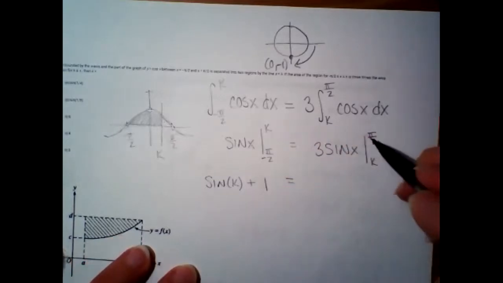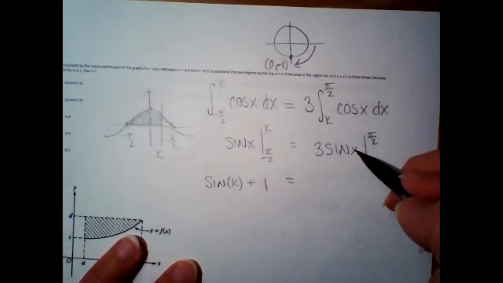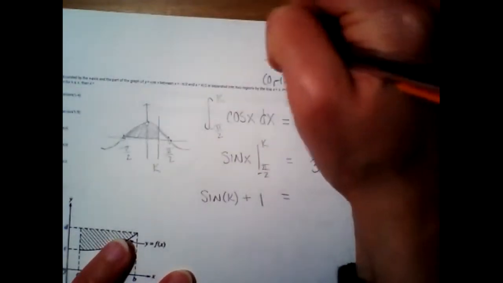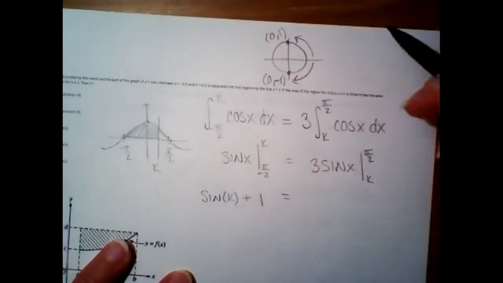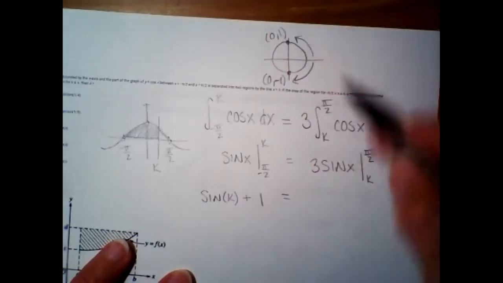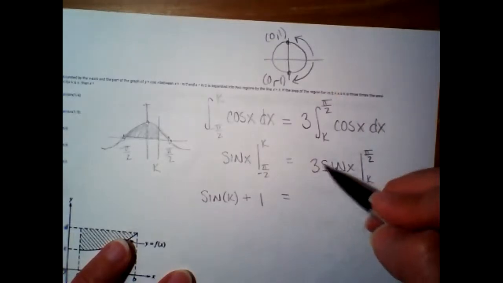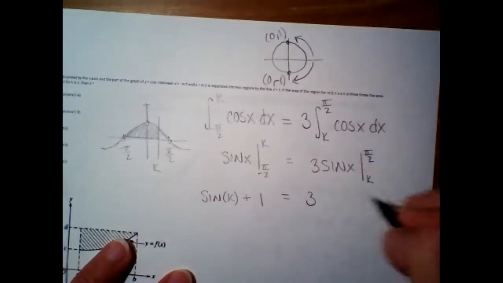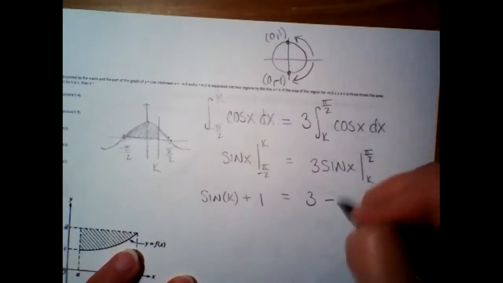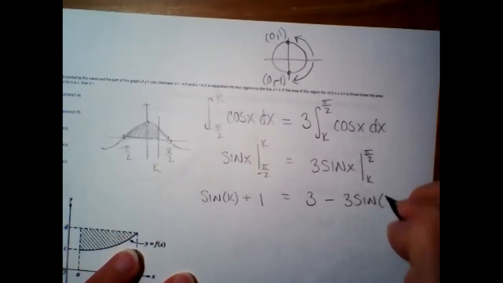Equals. All right, here we're plugging in the upper boundary pi over 2. Now we're rotating forwards pi over 2. That puts us right here. Again, sine is the y value, so that would be positive 1, and we're multiplying that by 3. So that would be 3 minus, and then plugging in k would be 3 sine of k.